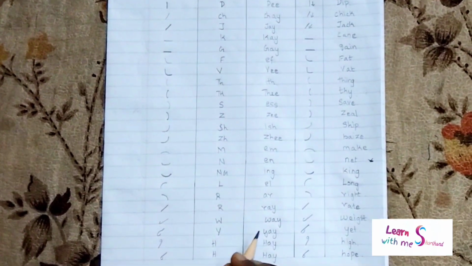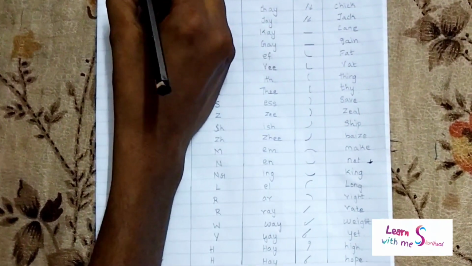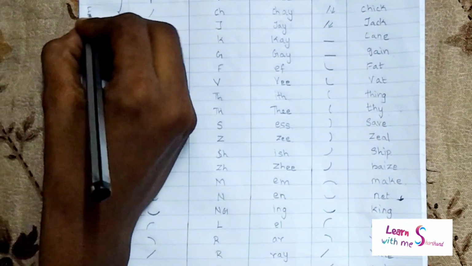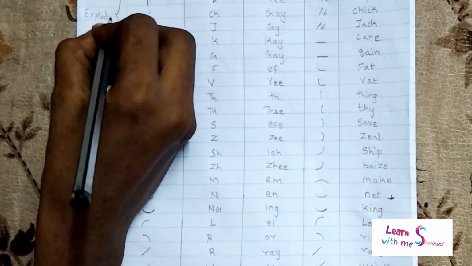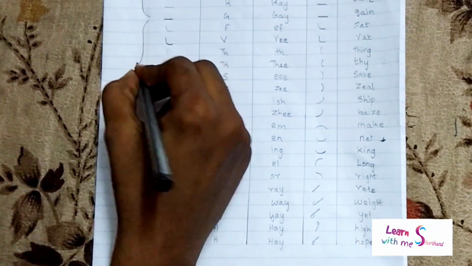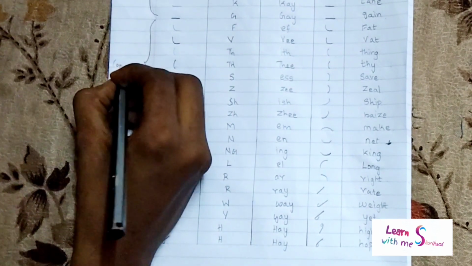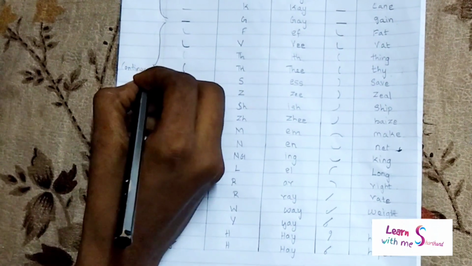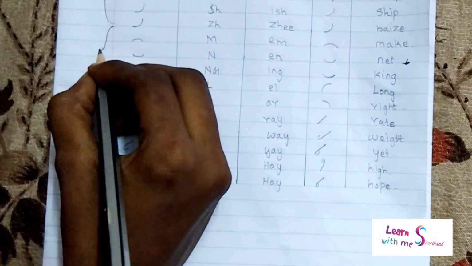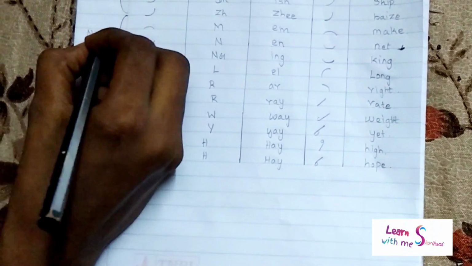Let's see the classification of consonants. The straight strokes are classified as explodents. And the curved strokes are classified as continuants. And the horizontal curved strokes are classified as nasals.